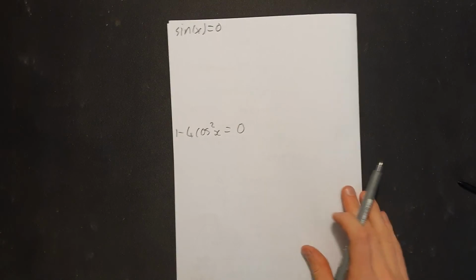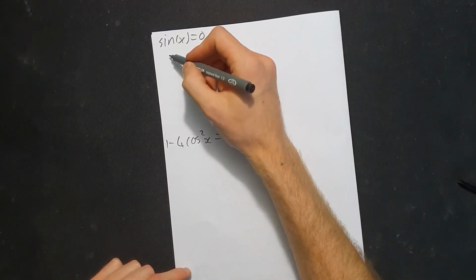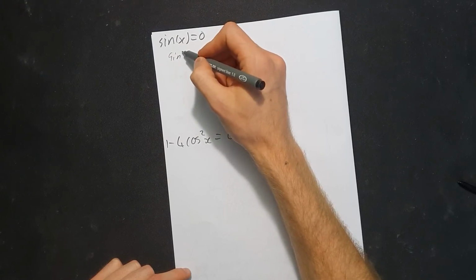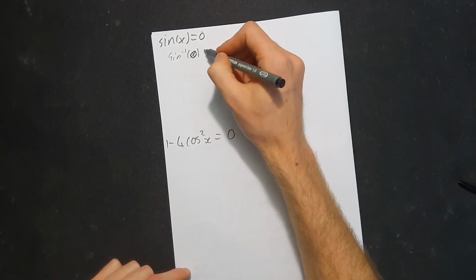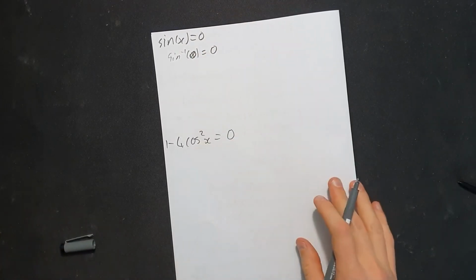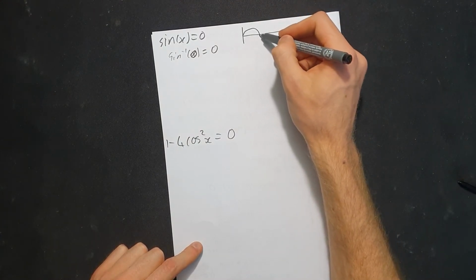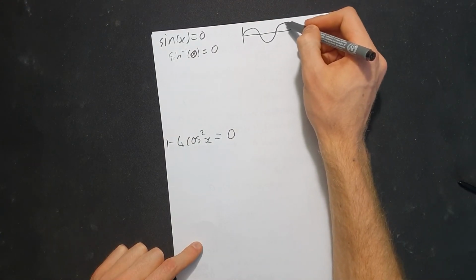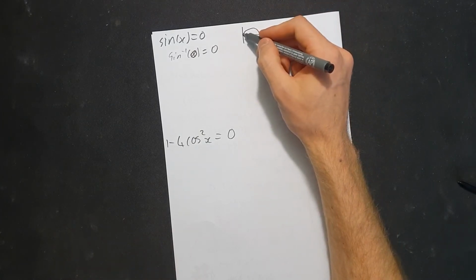So when we do the general solution for sine of x equal to 0, if we take the inverse sine of 0, you're going to see you're going to get 0. But we know that a sine function is repetitive every 180 degrees.